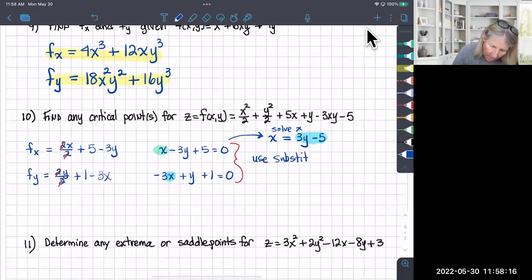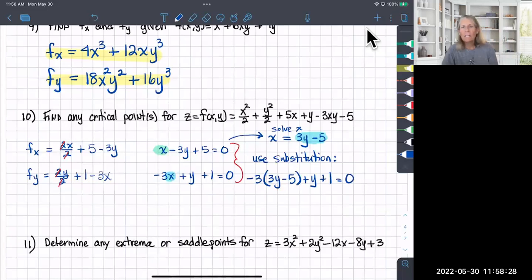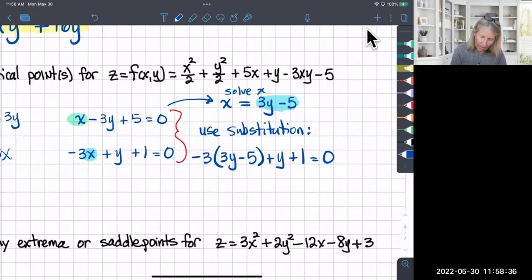All right. So substitution is going to give me negative 3 times, plug in x, which is 3y minus 5, plus y plus 1 equals 0. You can now solve that for y, and then we will have a y value, and I could plug back in and get the x value. Okay, so take a minute, solve this for y.